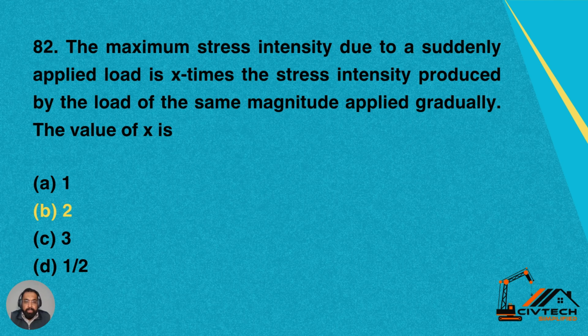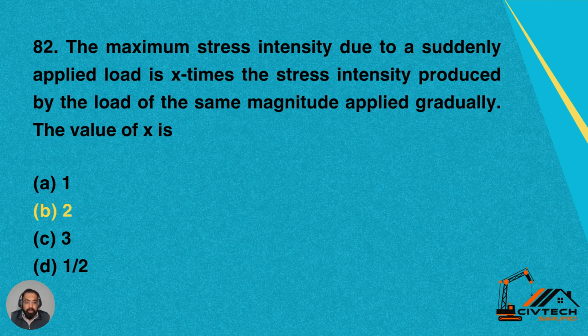On one hand, it is the load applied suddenly, and on the other hand, it is the load applied gradually. So what is the value of x? Option A, 1, option B, 2, option C, 3, option D, 1 by 2.